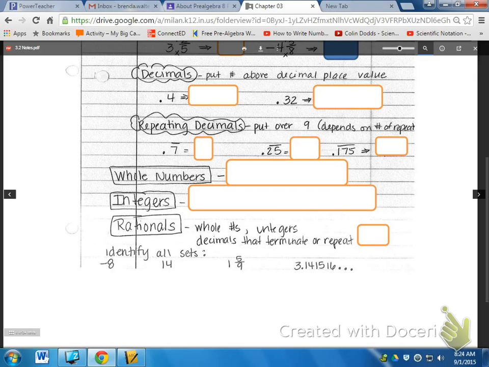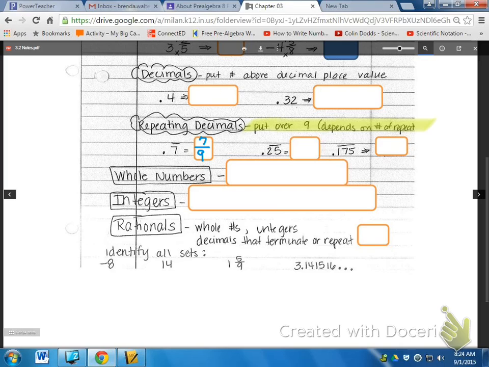Now, when I read this little note up here, it says put over 9, depends on number of repeats. That probably means nothing to you right now. So hopefully this will help you remember. However many digits are repeating, so in 0.7 repeating it's 1, you take the number that's there, 7, and put it over 9. That's 7/9.